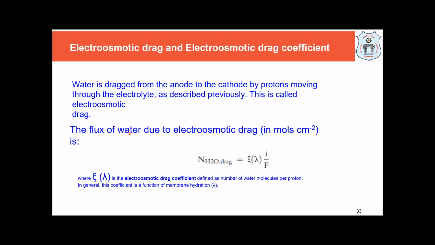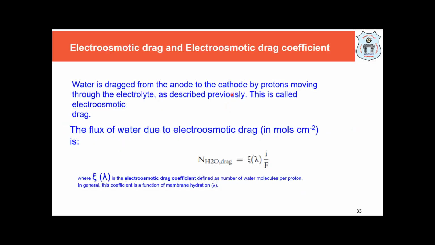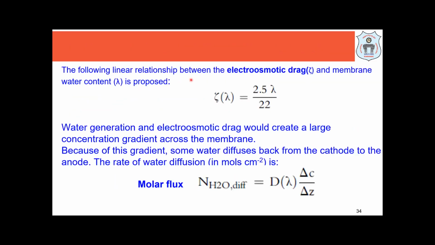Based on that, you can get the flux of water, the flow rate of water across the membrane. The following linear relationship between the electroosmotic drag and membrane water content is proposed: epsilon lambda equal to 2.5 lambda by 22. So it's a function of lambda.